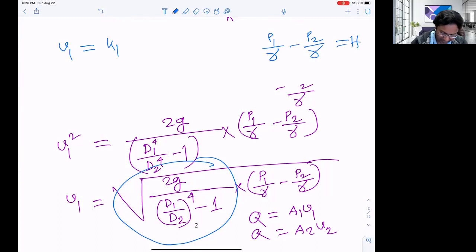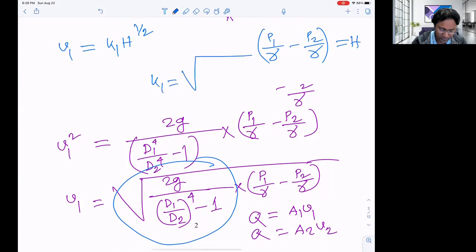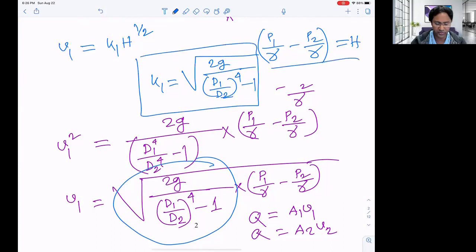I'm replacing this part, including the square root, but for this one I'm replacing only this part. So we'll have H to the power half, for a square root it is half. And the value of K1 is the square root of 2G divided by D1 over D2 to the power 4 minus 1, and that is the value of H. So that is the expression for V1.